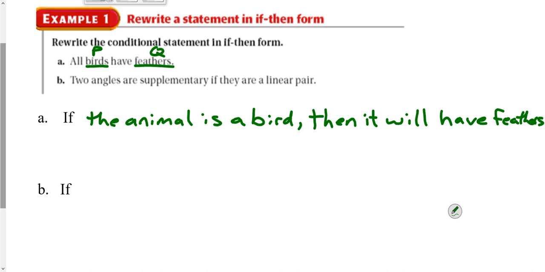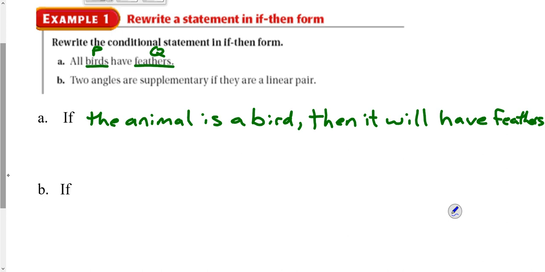So then let's look at the second one. Two angles are supplementary if they are a linear pair. So we need to look at our statement and identify what our hypothesis is and what the conclusion is.